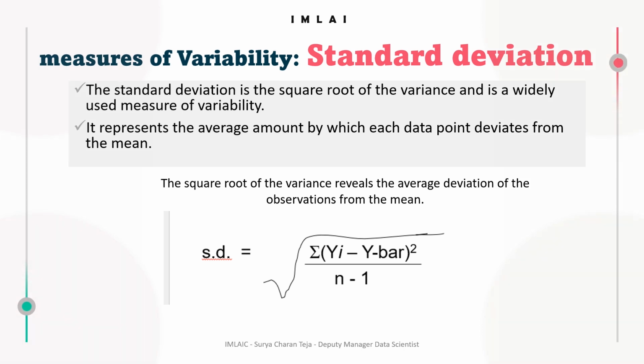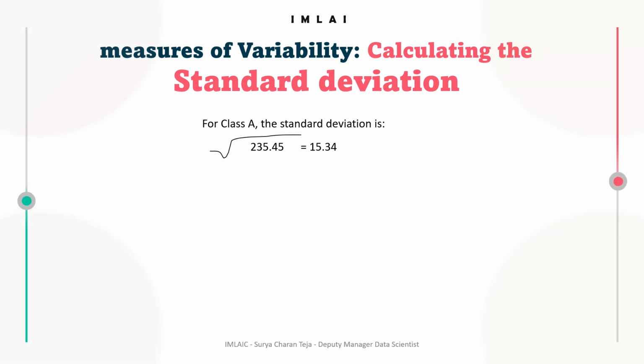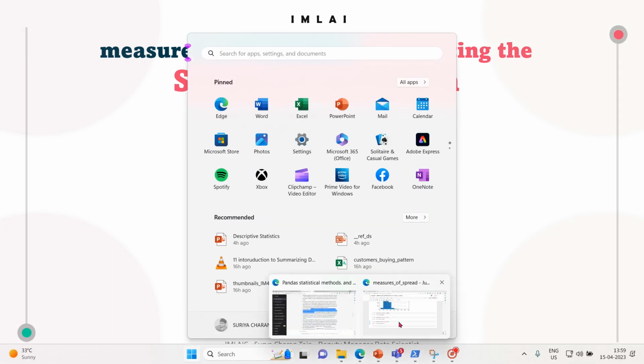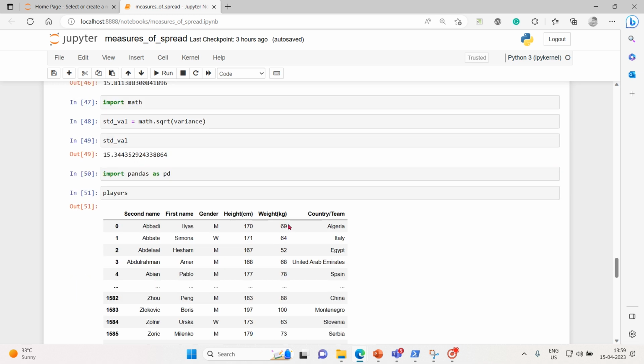Now let's look into the manual calculation of standard deviation using the student IQ example. For class A, if you remember, we have calculated the variance. The variance for class A was 235.45. Let me show you somewhere here.